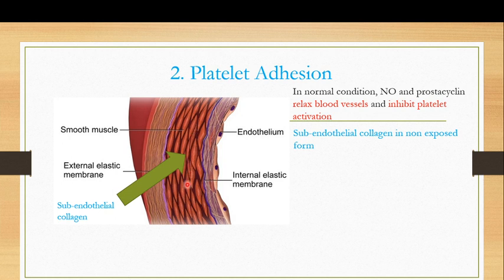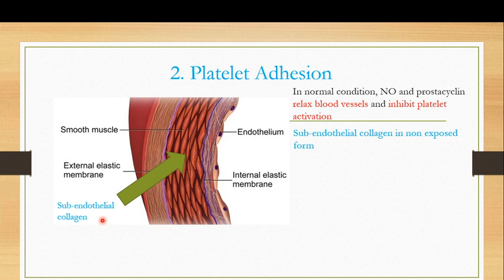So in the normal blood vessel, this sub-endothelial collagen is not in the exposed form. That is present on the interior of the blood vessel. But when there is damage to the blood vessel, this sub-endothelial collagen gets exposed. And when the sub-endothelial collagen gets exposed, it is a sign that the primary hemostasis should be initiated, because now there is damage to the blood vessel.